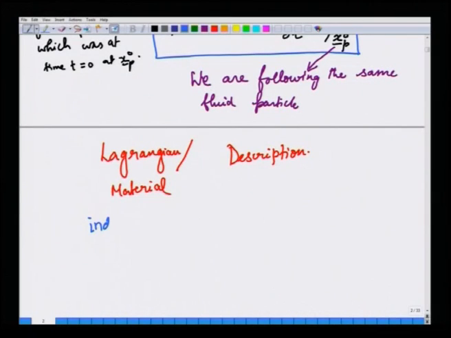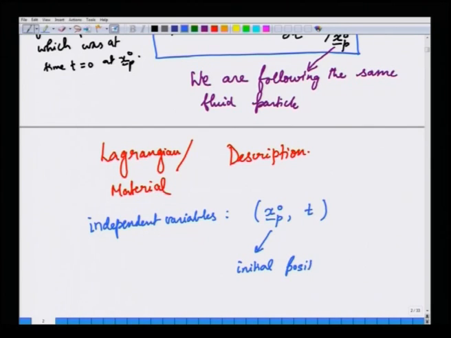So, the independent variables in the Lagrangian description are the initial position of the particles and time t. The initial positions are the particle labels. Remember that the particles are labeled mathematically with the help of their initial positions, and this is time.